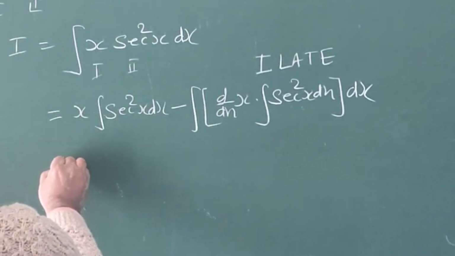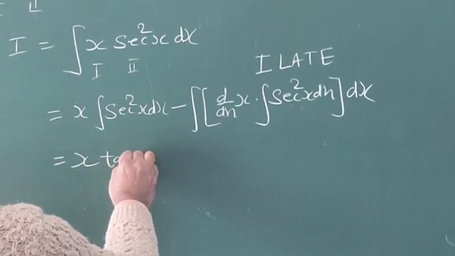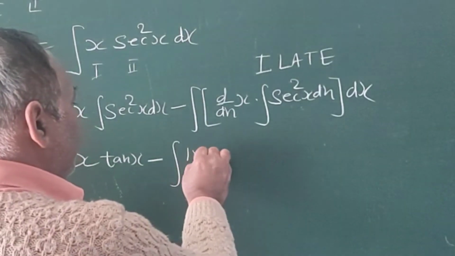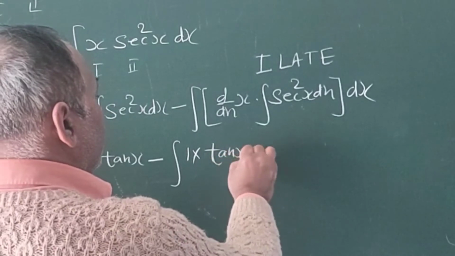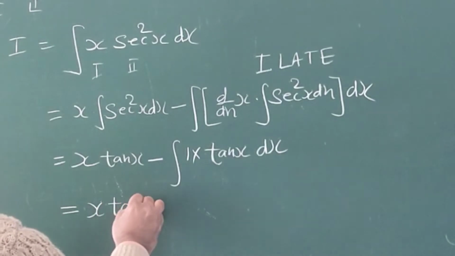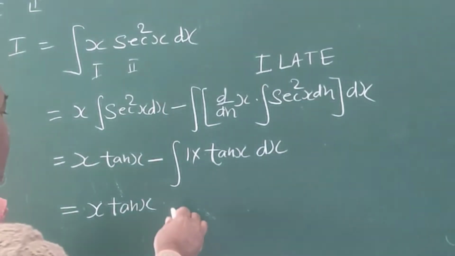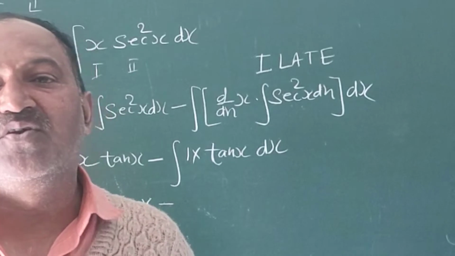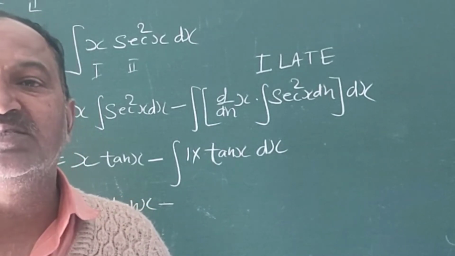Now it becomes x as it is, integration of secant square x is tan x, minus integration, derivative of x is 1, into integration of secant square x is tan x, into dx. Again it becomes x into tan x minus integration of tan x, which is minus log of modulus cos x plus c, or log of modulus secant x plus c.